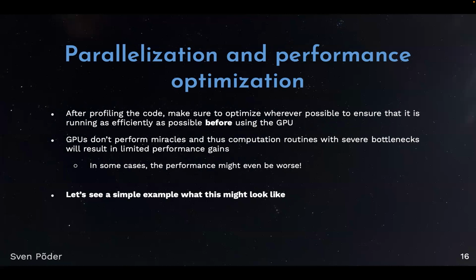I would say about 70% of the work when you're using GPUs for computing is to make sure that all your code is as fast as possible and as parallel as possible. In some cases, you can even have worse performance on a GPU than a CPU. So the general recommendation, if you're using Python, is to use all the NumPy syntax, and then use GPUs.